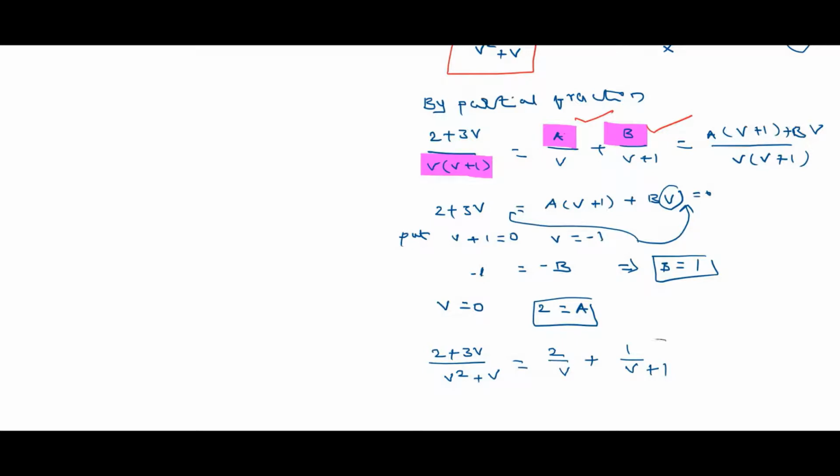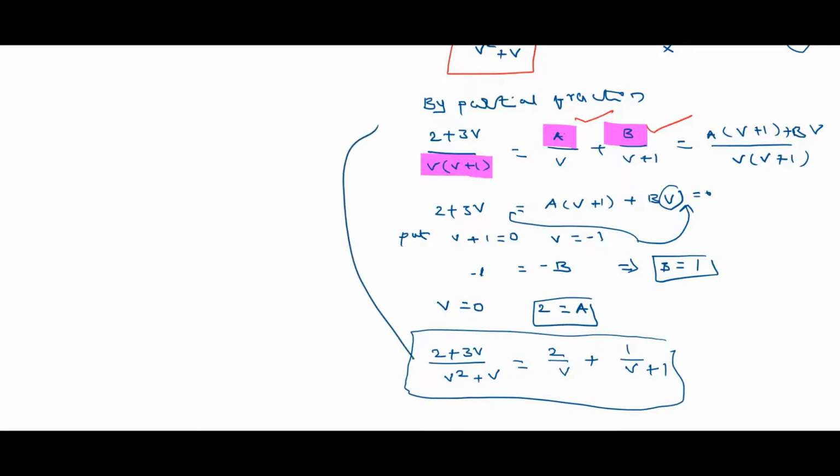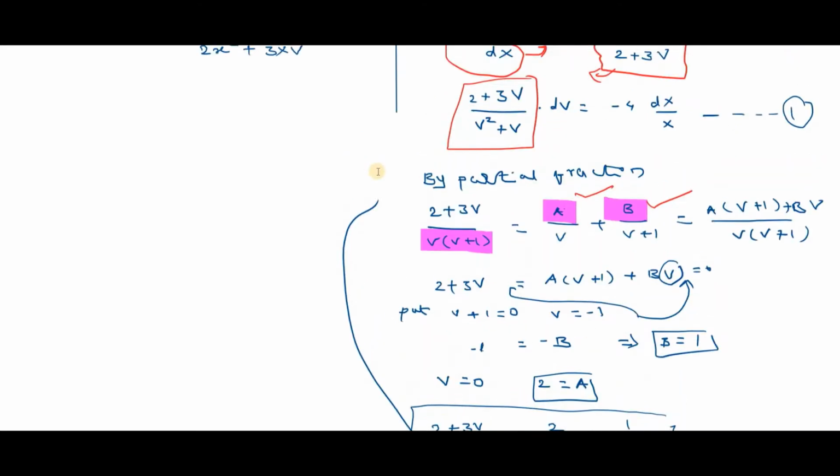Substitute this value of (2 + 3v) divided by (v² + v) in equation 1. In this equation, if you substitute, what we get is, I will write here, (2 divided by v plus 1 divided by (v + 1)) bracket complete, dv, is equal to minus 4 dx divided by x.